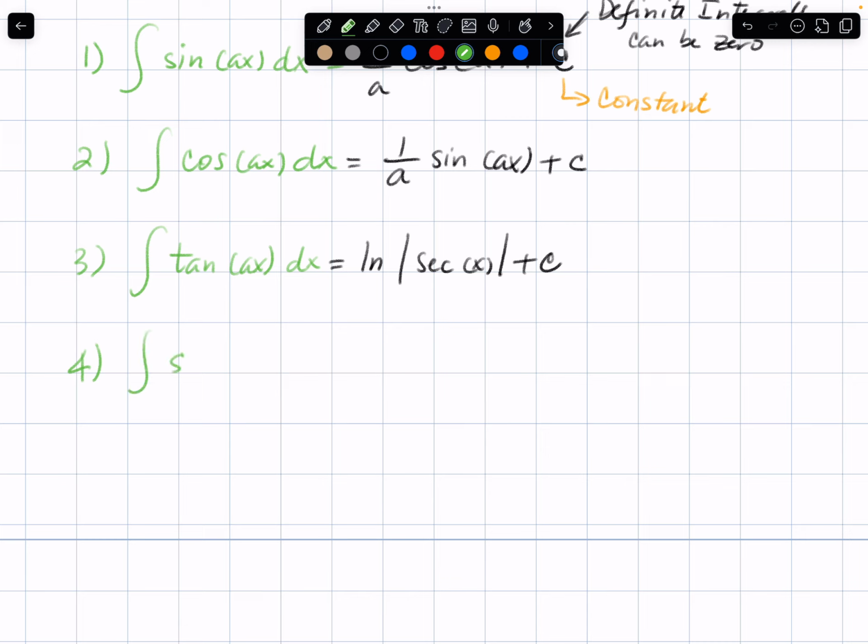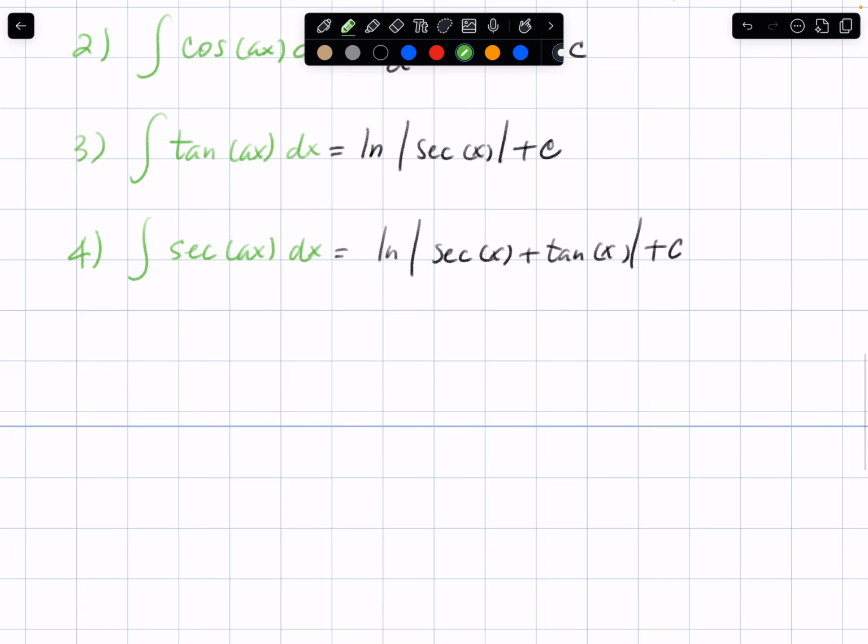The integral of secant of ax dx would be natural log of absolute value of secant of x plus tangent of x plus c.